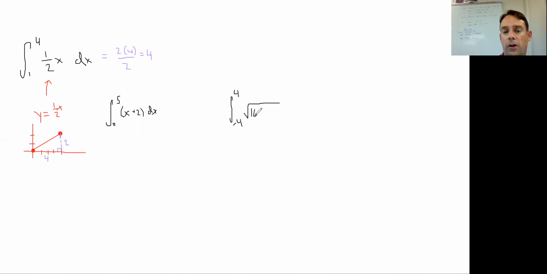See if you can figure out what shape these represent, and then use that to figure out the area. And how about 0 to 5 of x minus 3 dx. All right, friends, why don't you go ahead and pause the video here. See if you can figure out what area these shapes represent, and then determine the value of the definite integral.